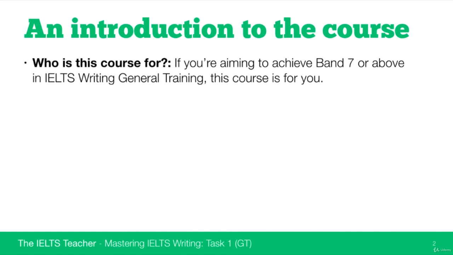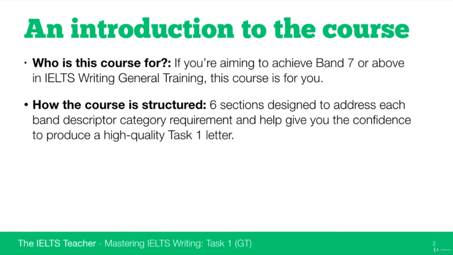Considering how the course is structured, well, it is divided into 6 sections designed to address each band descriptor category requirement, we'll talk about that later, and to help give you the confidence to produce a high quality Task 1 letter using various strategies and techniques and vocabulary.